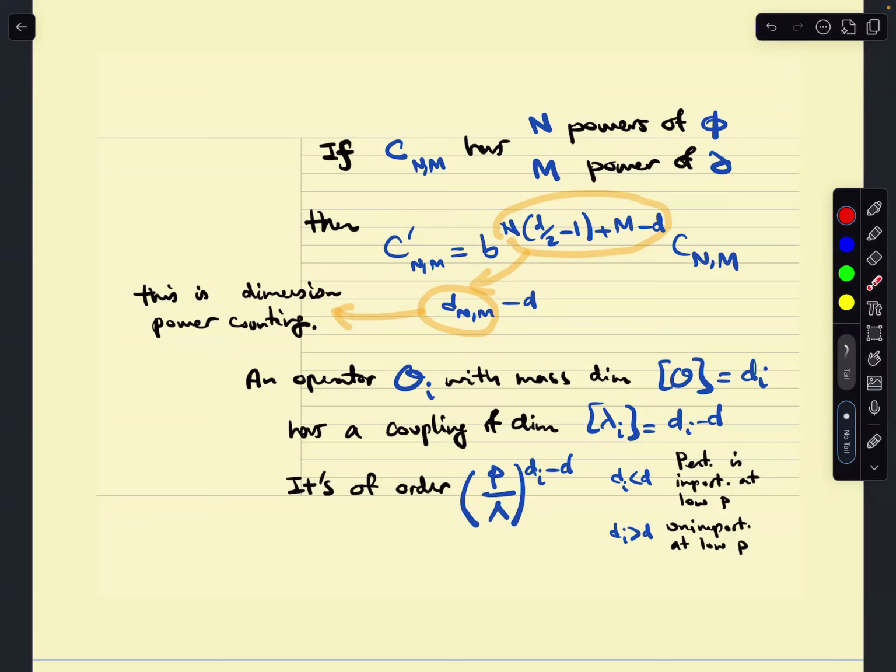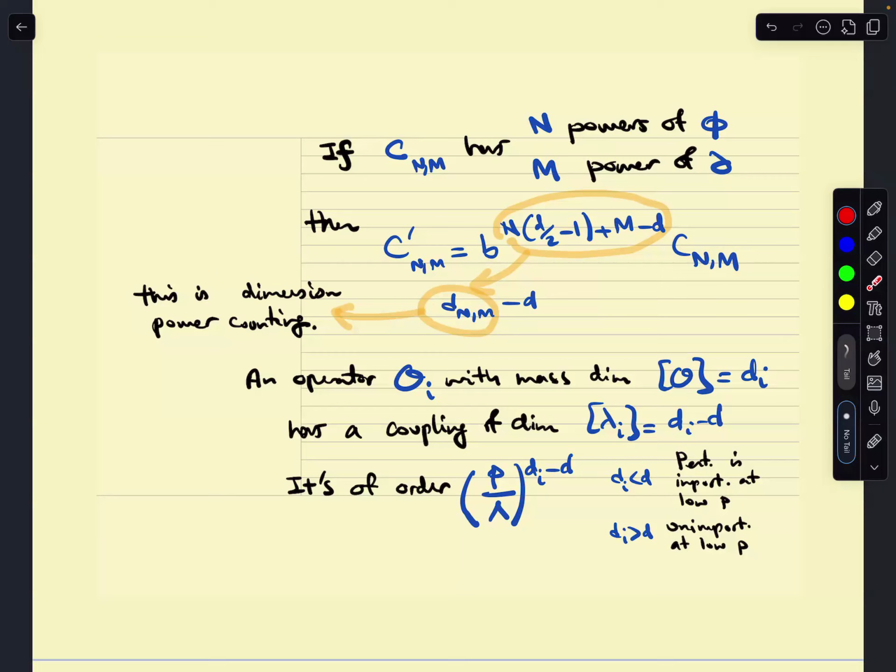Under renormalization group flow, classically, if you take the quantum corrections to be small, this transforms exactly with the naive power counting dimension, which is n (d-2)/2 + m - d. The (d-2)/2 is the dimensionality of φ, times n because you have n powers of φ, plus m because you have m derivatives, minus d.